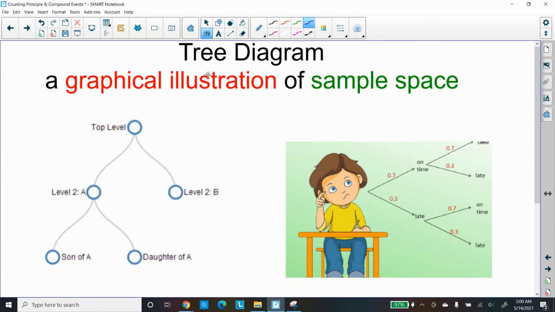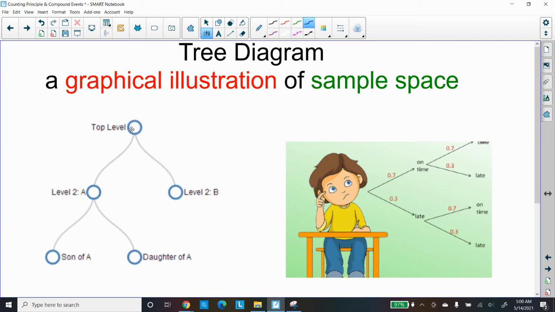Now, notice I drew with those lines there. When you draw a picture of that type of sample space, the possible outcomes, it's called a tree diagram that we're talking about. When you draw a picture like that, it's a graphical illustration of sample space or the total possible outcomes.